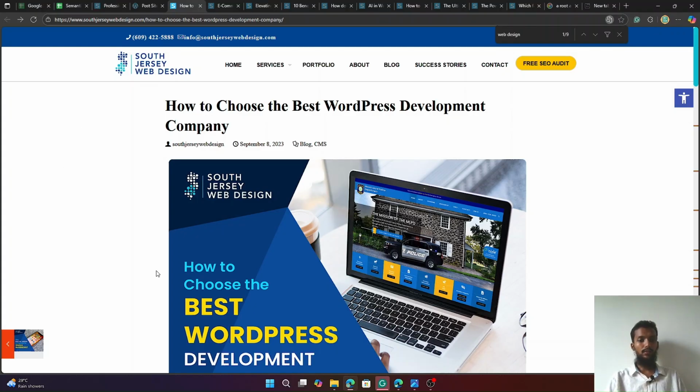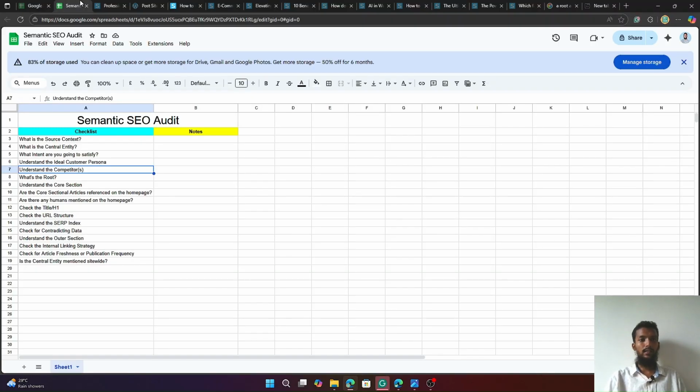All right, so up next we have: what's the root article, or the root content, of the whole website? A root document is, in the traditional way, a pillar article, where your core sectional articles, your main articles, connect to it.